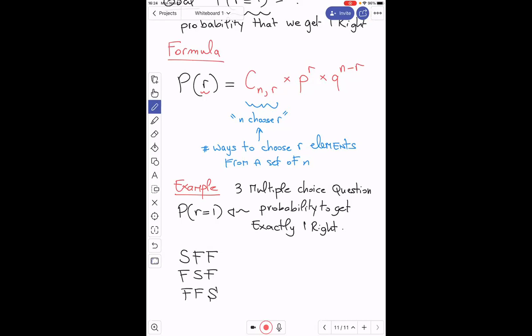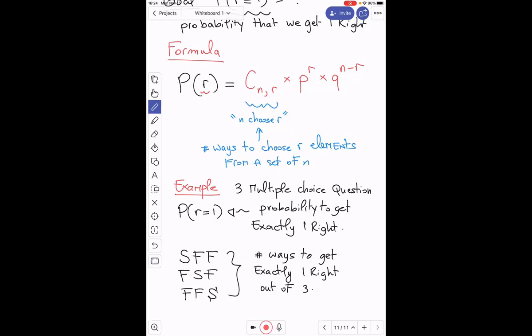So here we have three. This is the number of ways to get exactly one right answer out of three.